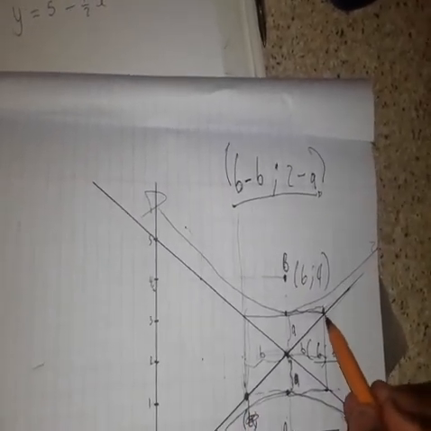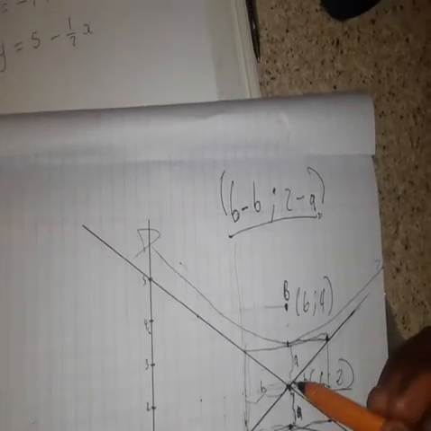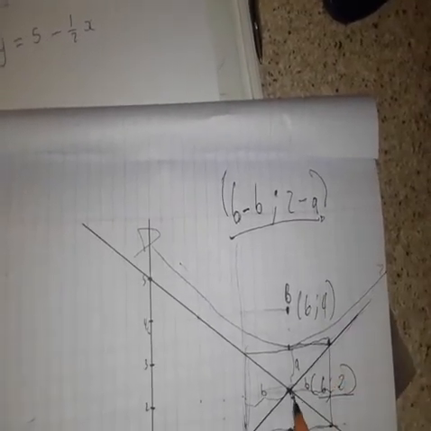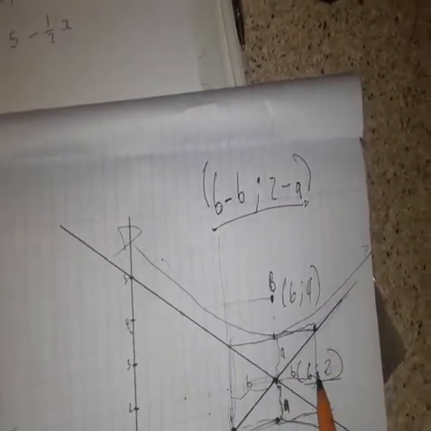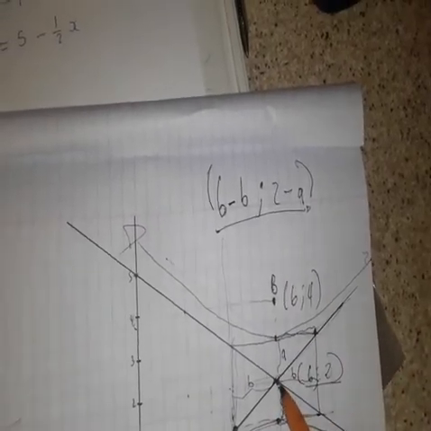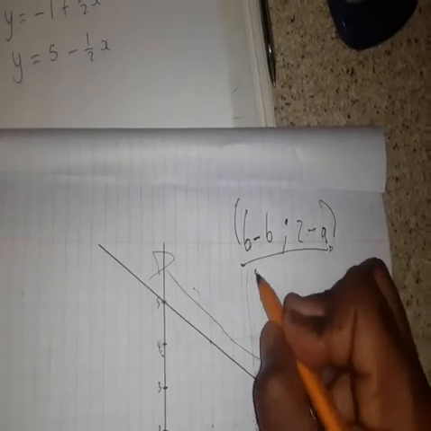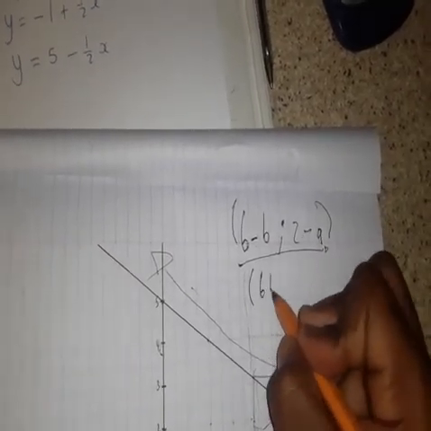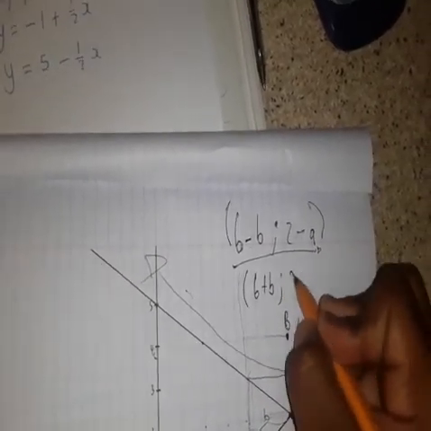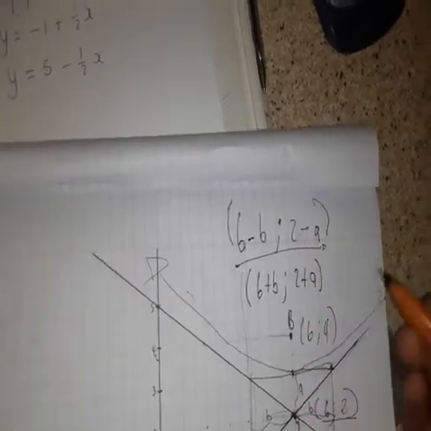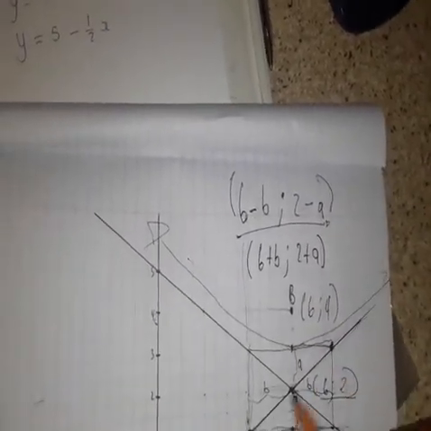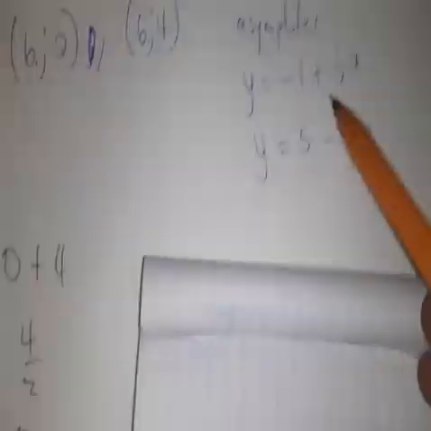Then now we are going to try and calculate the other point. The other point is also the same, but now it's 6 plus b, and 2 plus a. So the point is just the change of the sign. So now I have this point. Now I want to determine the gradient, but the gradient is given here. It's 1/2 from the equation.